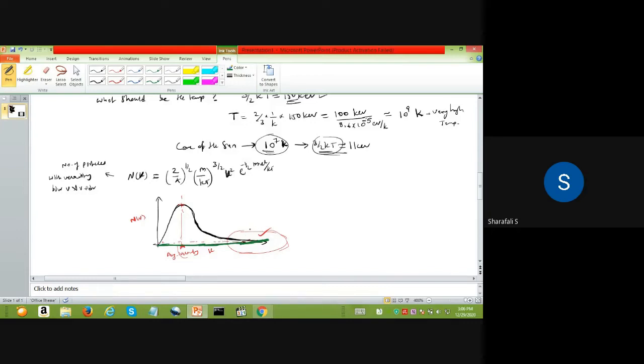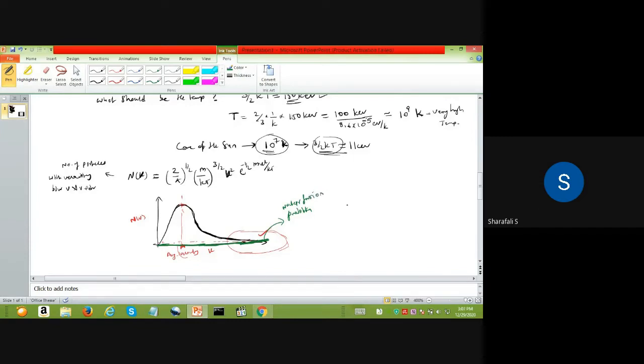Those nuclei which have higher energy than the potential barrier, some number of nuclei will be there, and associated with those nuclei there is slightly some probability for fusion. So this green color is the nuclear fusion probability.